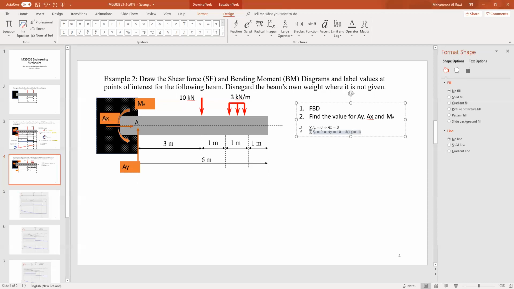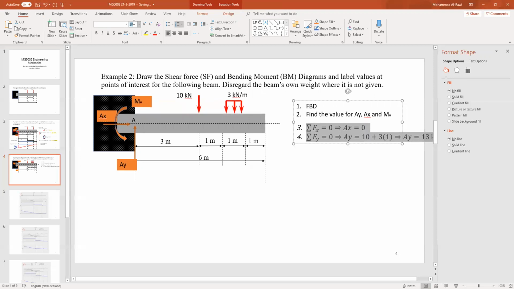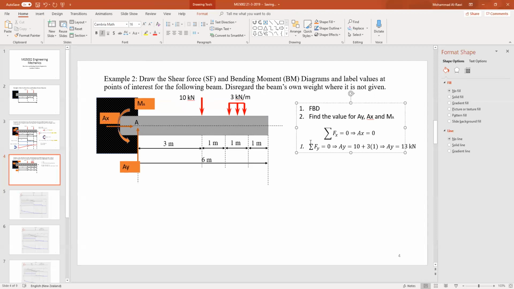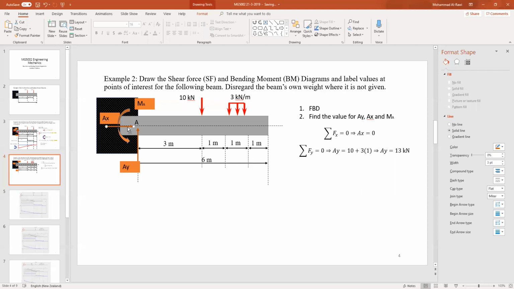This gives AY equals 13 kilonewtons. Again, we need to be aware of the direction: for the X direction this is the positive, and for Y this is the positive.